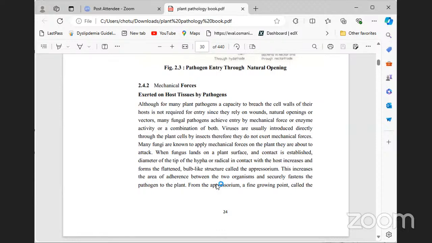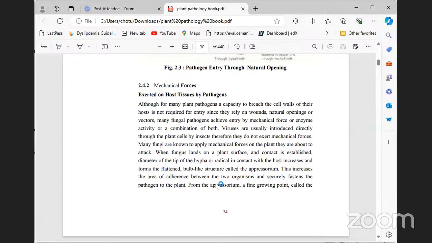This bulb-like structure is called the appressorium. It increases the area of adhesion between the two organisms and securely fastens the pathogen to the plant.